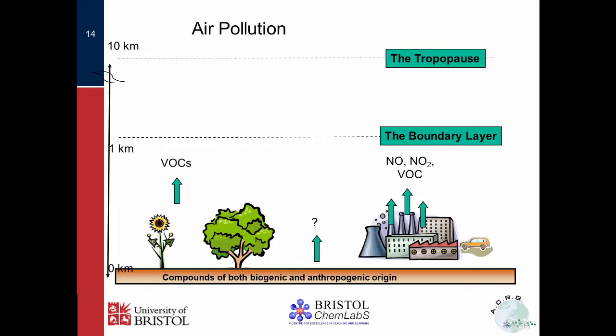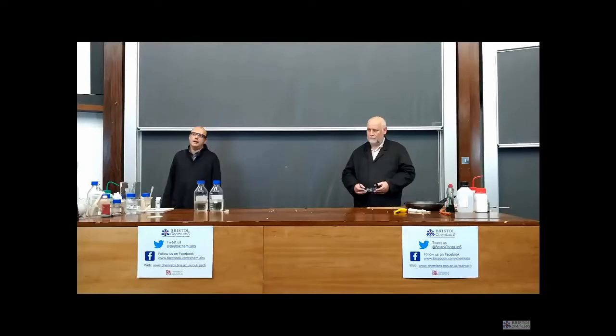The figure emphasises the fact that it's not just human activity that releases chemicals into our atmosphere. Plants and other naturally occurring systems release a whole cocktail of chemicals into the Earth's atmosphere. And we're going to think about what happens to these chemicals.